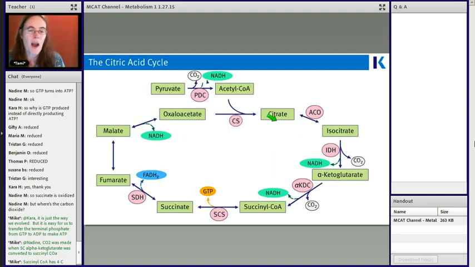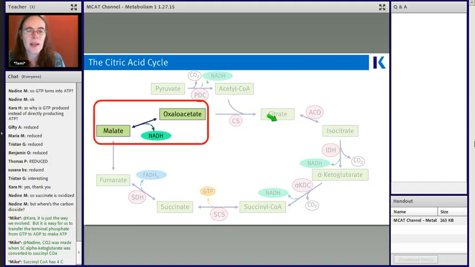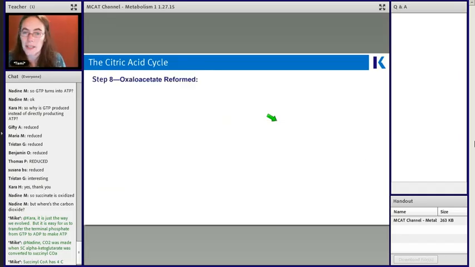Our final step is going to be malate to oxaloacetate. So remember at the very beginning, acetyl-CoA and oxaloacetate had to go together to make citrate? We're actually rejuvenating the oxaloacetate, so that as this continues to happen, it's going to continue to be rejuvenated so it can continue to be used, which is really, really nice.